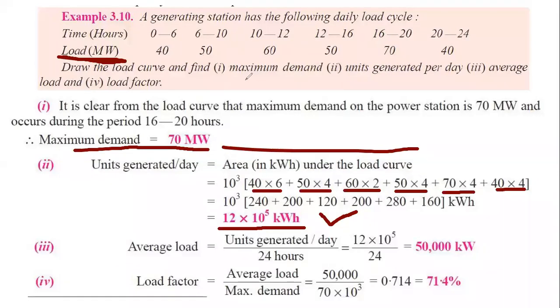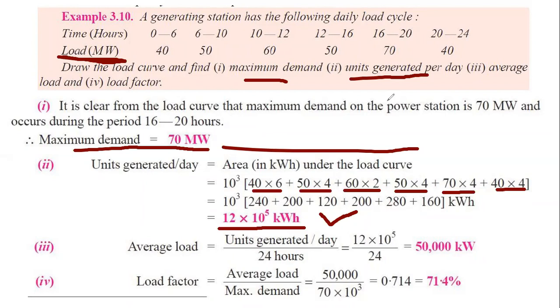Next, we got the maximum demand, and we get the energy units generated per day. Third will be the average load. We all know that the average load is calculated by taking the whole units generated per day and dividing by the number of hours of the whole day, which is 24.